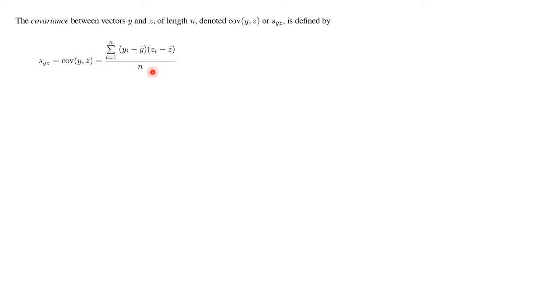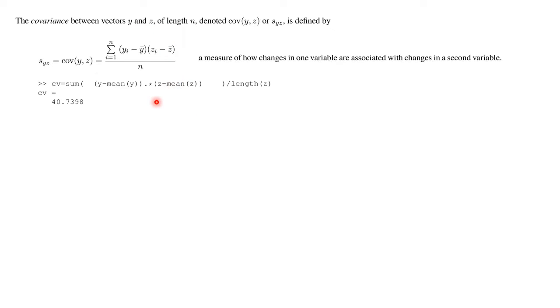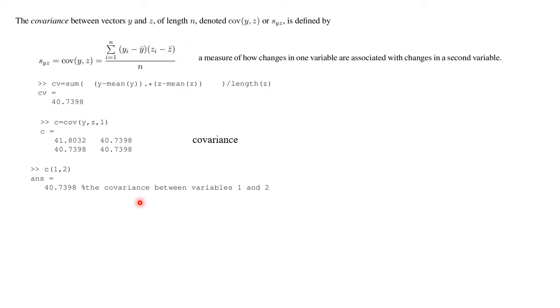The covariance we define like so, and it gives us a measure of how the changes in one variable are associated in some way with the changes in the other variable. Now, MATLAB has a function which will compute that for you, and it's represented in a matrix. So there is the covariance of y versus z represented in a matrix.